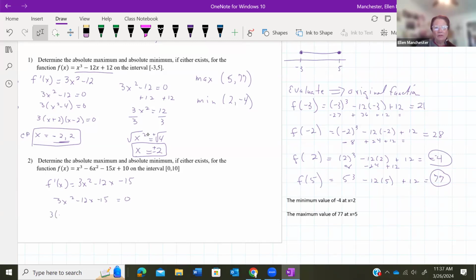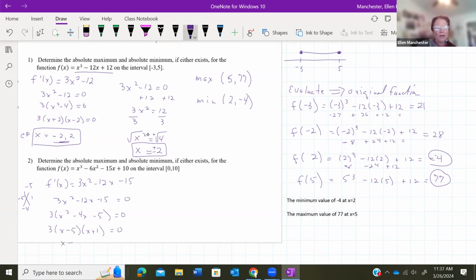I'm going to factor. Okay, and then what do I multiply to get -5, add to get -4, so it's got to be -5 and 1. So it's going to be x minus 5, x plus 1 equals 0.